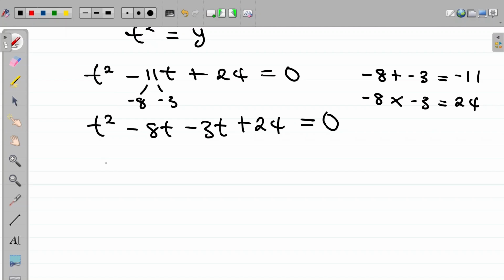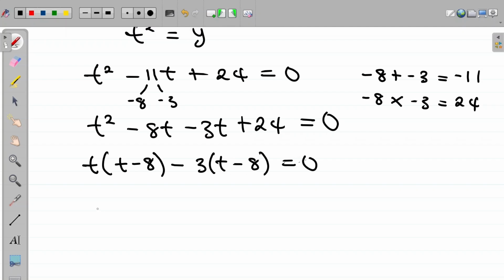Now, at this point, we can factorize. We have that t, open up a bracket, t minus 8, minus 3, open up your bracket, t minus 8 equal to 0. So we can have that t minus 3 multiplied by t minus 8 is equal to 0.